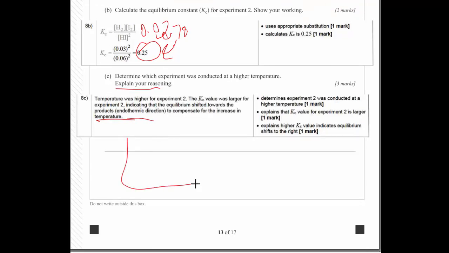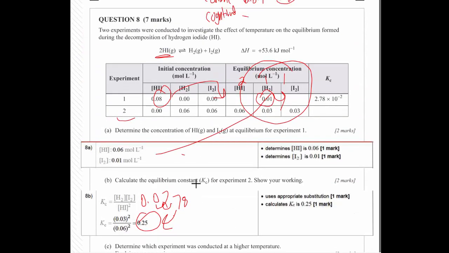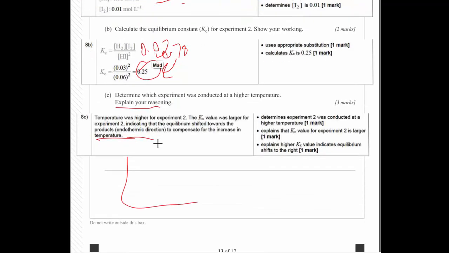So this experiment is plus, so there's heat on this side, so it's endothermic. What I like to do for these things: it's going in this direction here because you're going from kinetic energy to chemical energy.